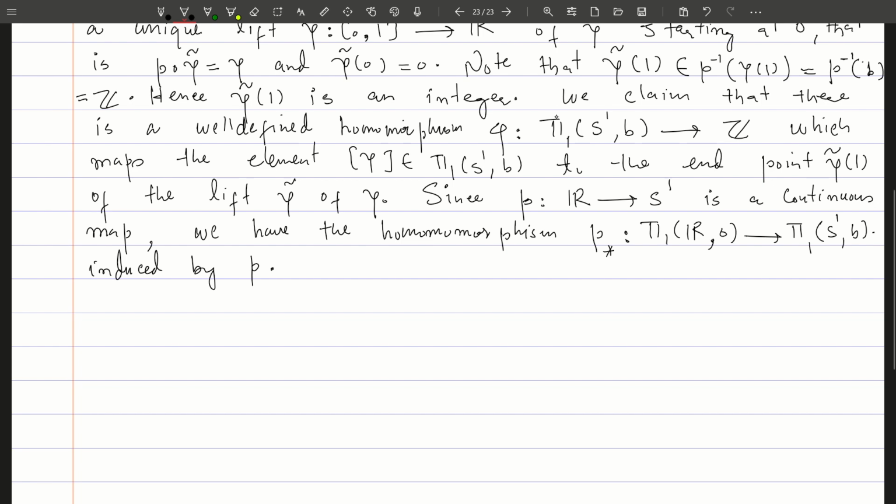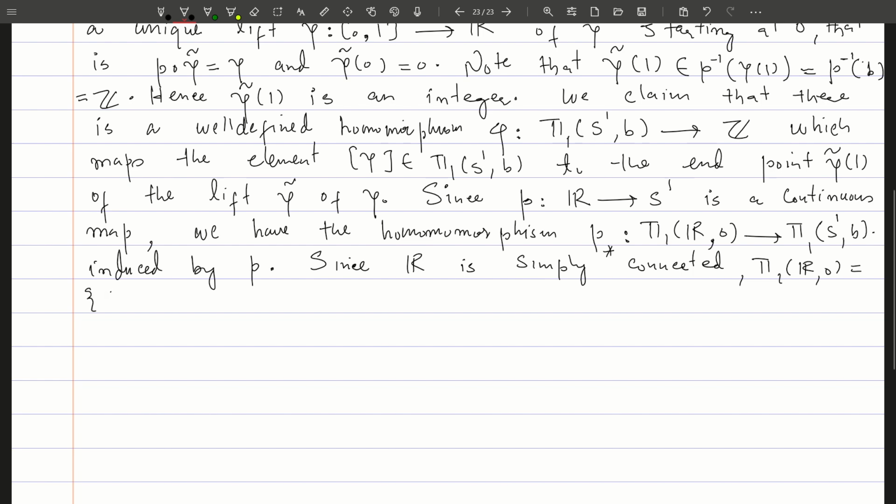Now one can note here that R is simply connected, so its fundamental group is actually the trivial group.